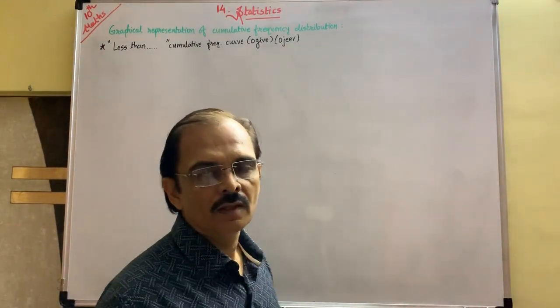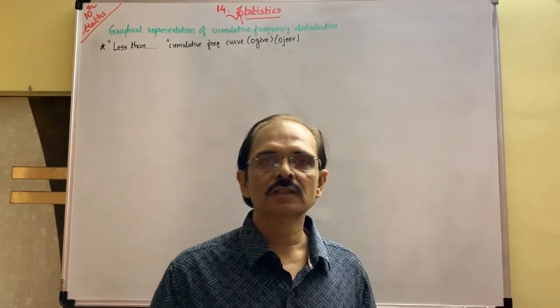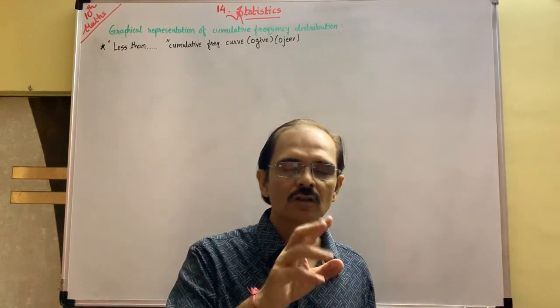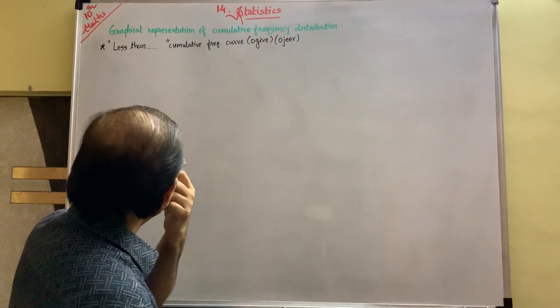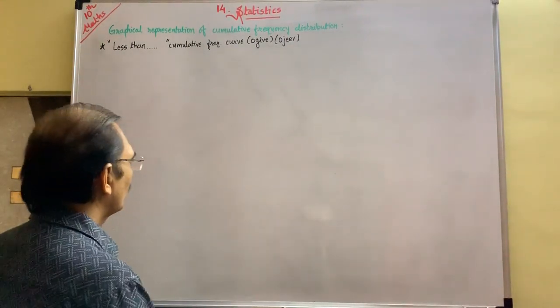In your textbook also it is given that the pronunciation is ogive. Don't say ogive or ogive, this is the wrong pronunciation. So less than frequency curve is also known as ogive.